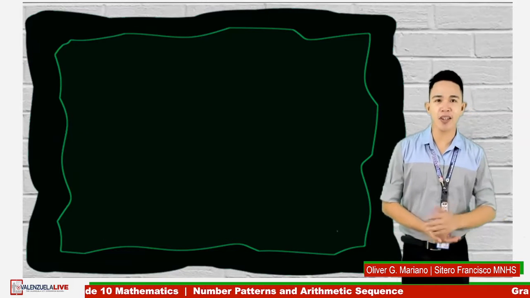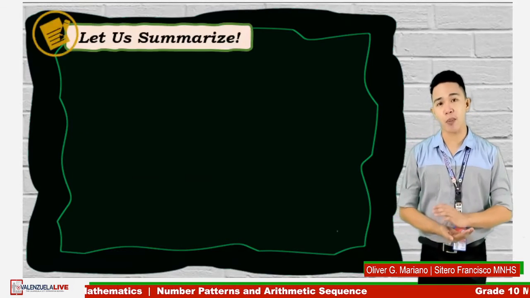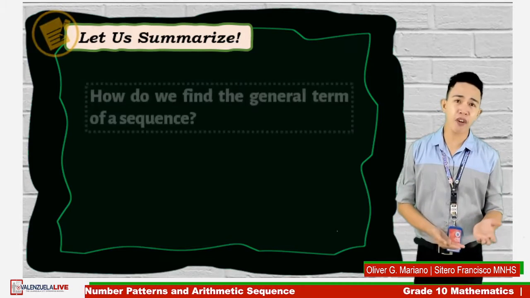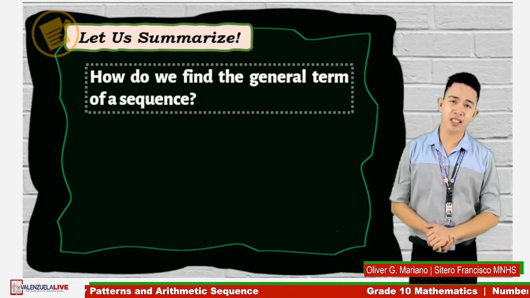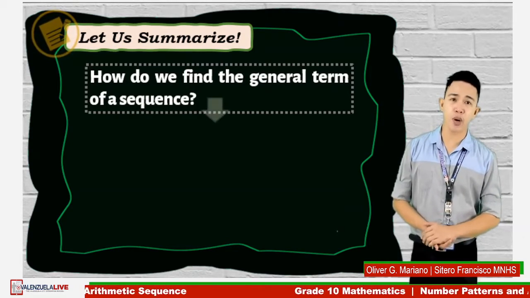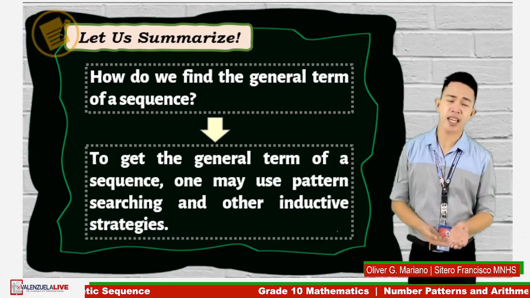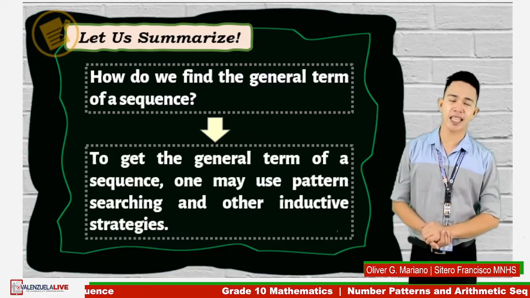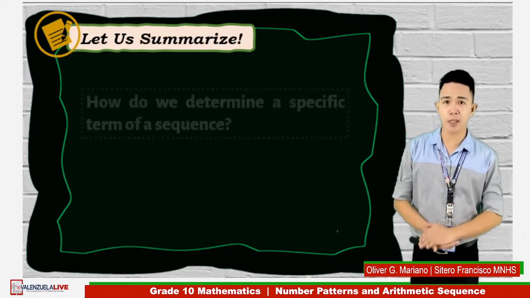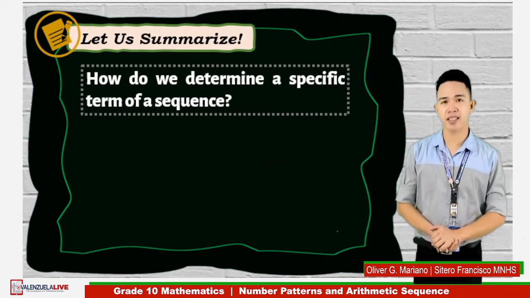Let's now summarize what you have learned from today's session. How do we find the general term of a sequence? To get the general term of a sequence, one may use pattern searching and other inductive strategies. How do we determine a specific term of a sequence?